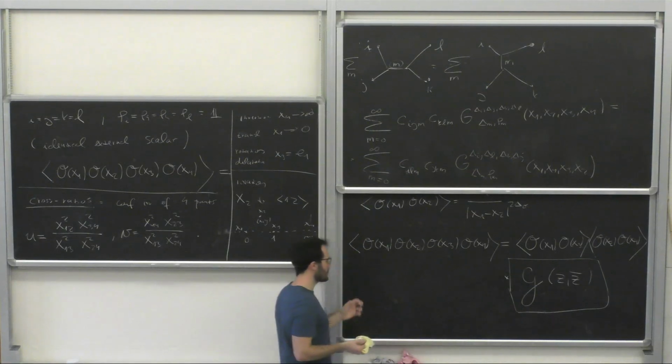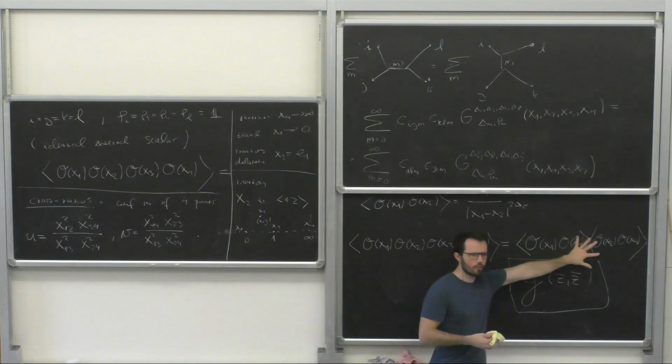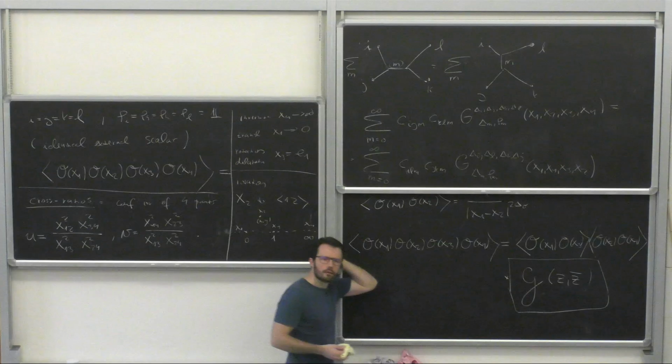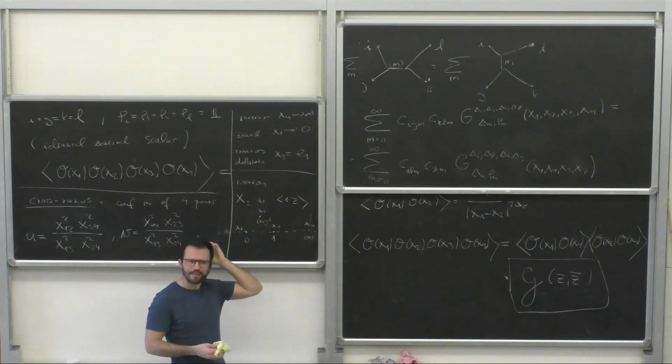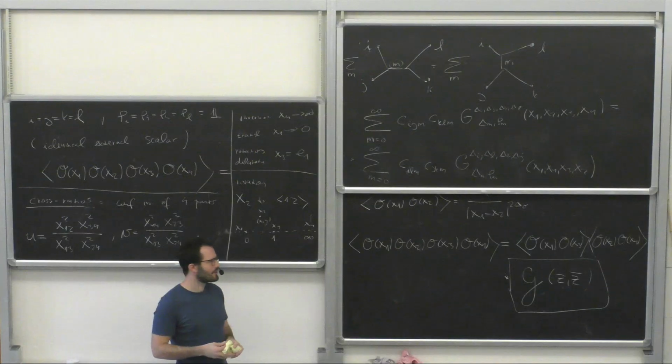So their transformations cancel in the ratio of the four-point function and two-point functions. Is that okay? You seem to either think it's trivial or that it's incomprehensible. So, right.